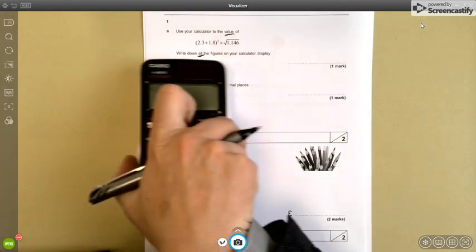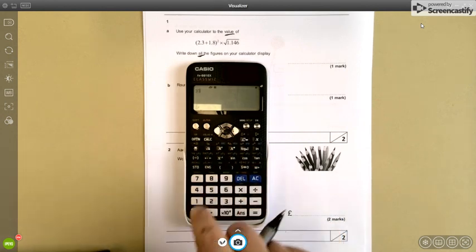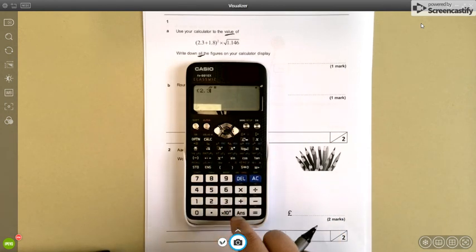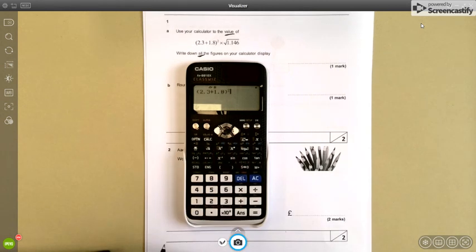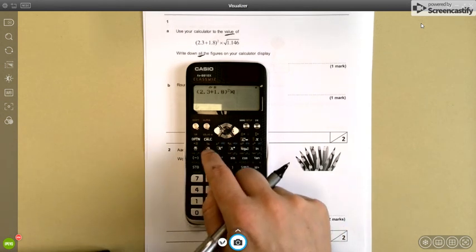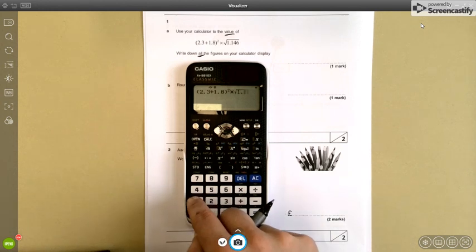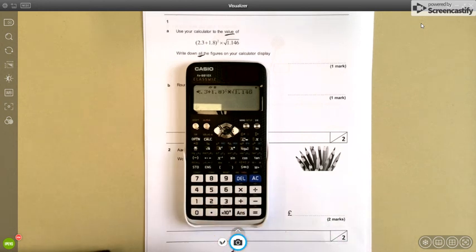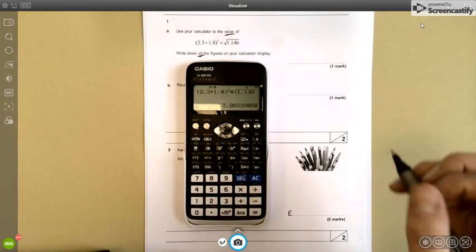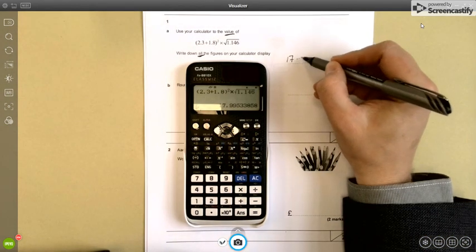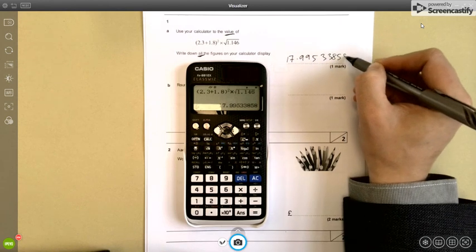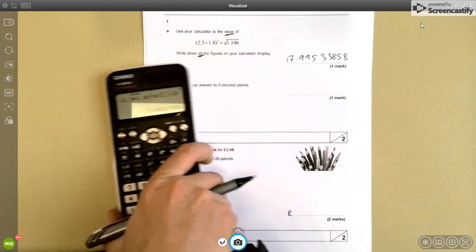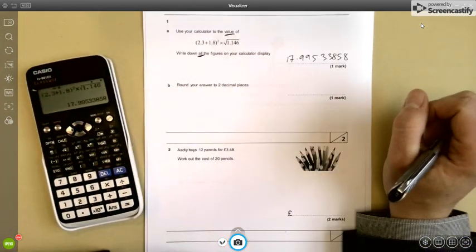So calculator, open brackets, just basically do it exactly as you see on the page, close brackets, square that, times by the square root of 1.146, check that looks okay, hit equals, and write everything down: 17.995338858. Glance back, yeah, I think we've got that one okay.